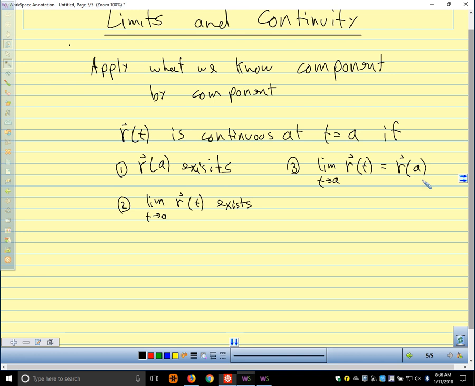That's our definition of continuity. Our function has to exist, the limit has to exist, and the limit has to equal the function value. Is there any way for the limit to exist but not the function? Yes, like piecewise functions. Exactly. All right, so that's all we need to know about limits and continuity.